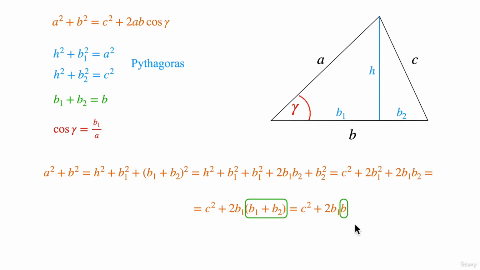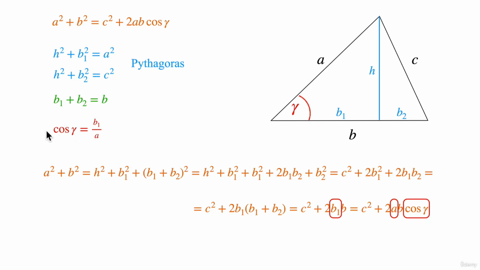And now it's just one step to the perfect happiness, and by this I mean this right-hand side of this formula. We can now replace b1 by a times cosine gamma.